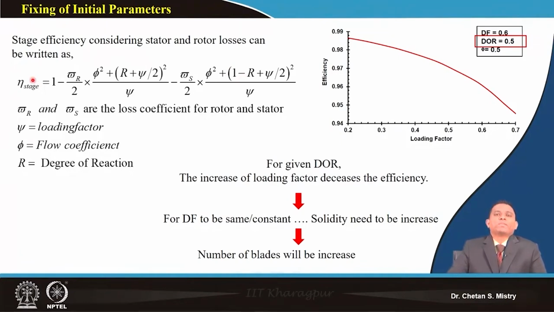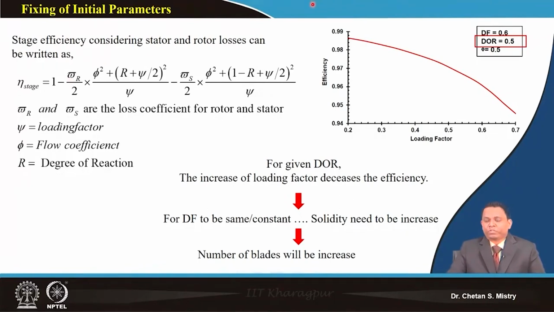When you simplify the equation, you will come up with this kind of formula. This gives us an idea of how all these parameters are correlated. Remember, the loss factor we are discussing is related to our diffusion factor.